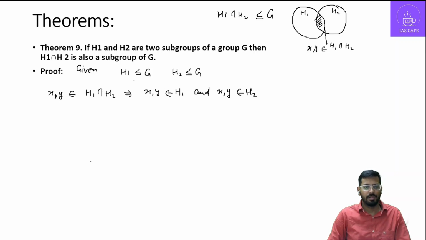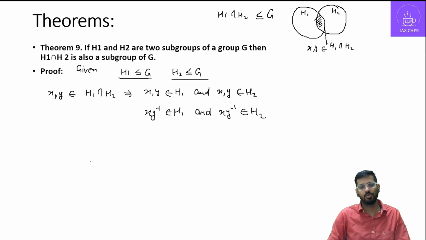From this, given that H1 is a subgroup of G, that means XY inverse belongs to H1, and given that H2 is a subgroup of G, that means XY inverse belongs to H2.